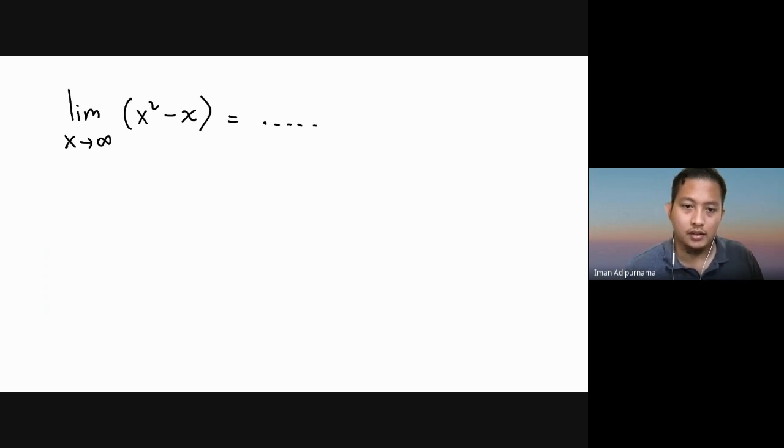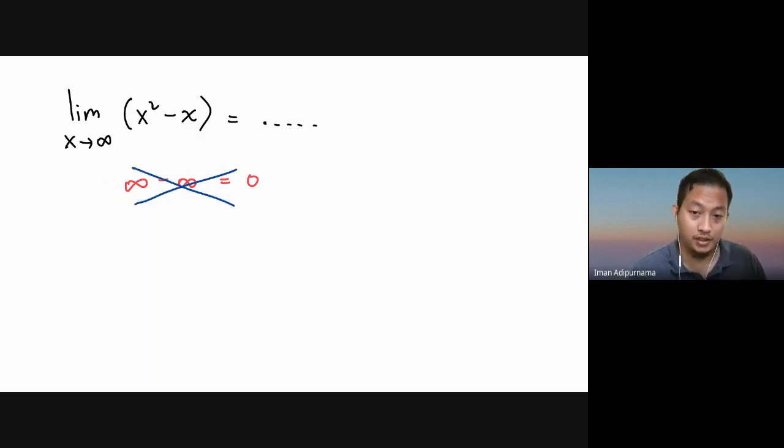Some students usually make a mistake with these questions: they directly substitute the infinity and make it 0. Again, like I said previously, this cannot happen because infinity is not a number.